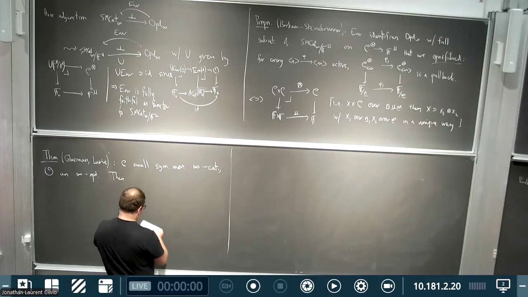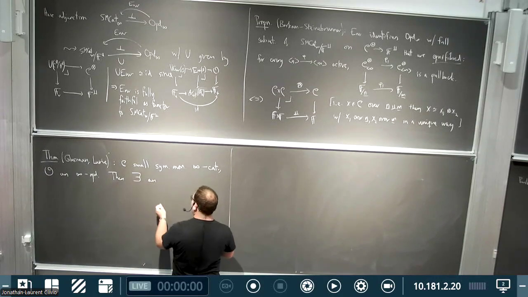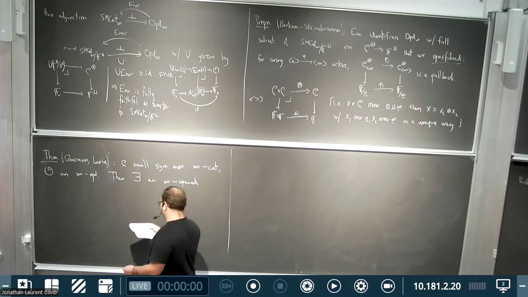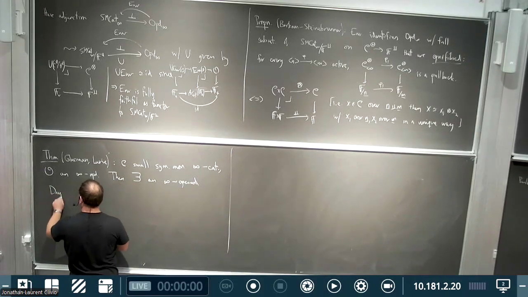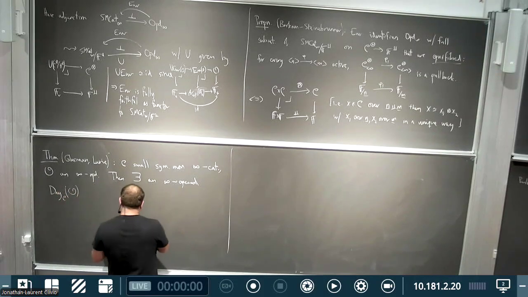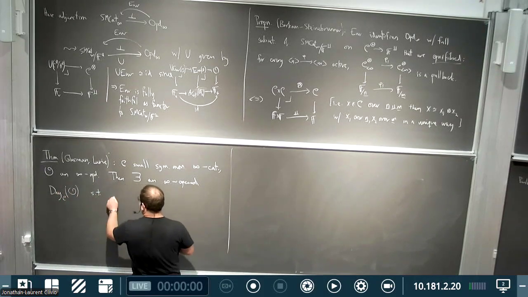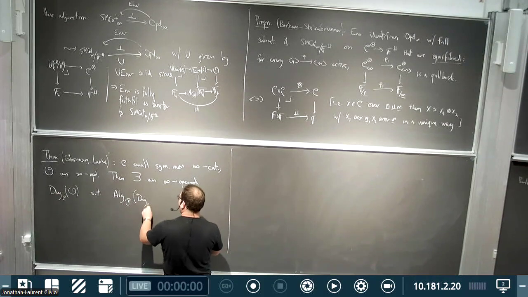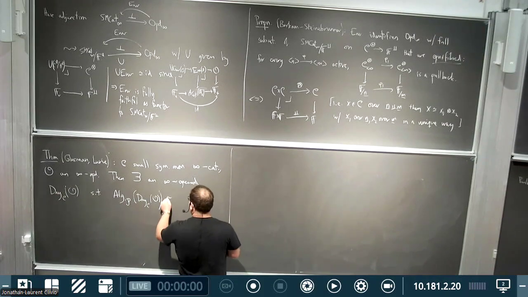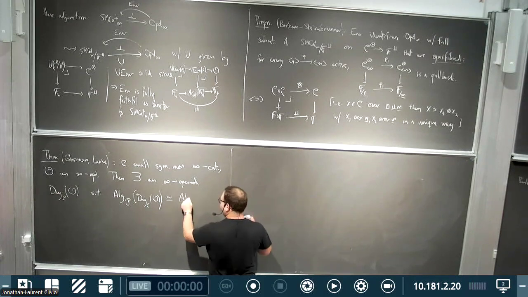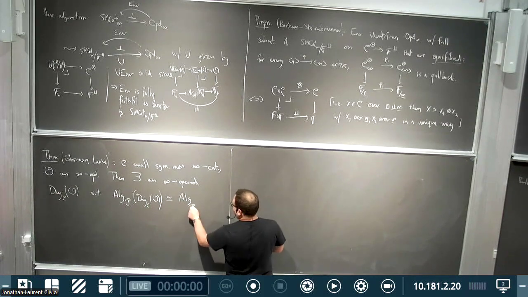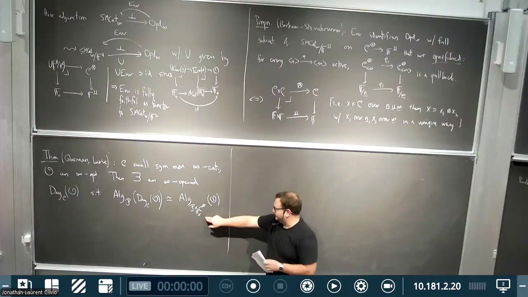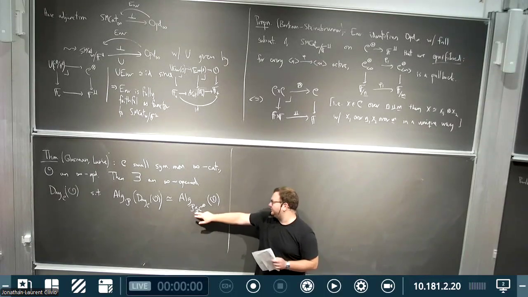Then there exists a Day convolution infinity operad, which I call Day(C, O), with the universal property that if I take algebras in this thing for some infinity operad P, this is naturally equivalent to taking algebras for P times C tensor in O. So this is like the Cartesian product in operads of P and C tensor.